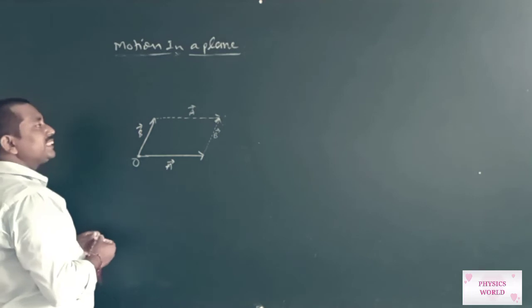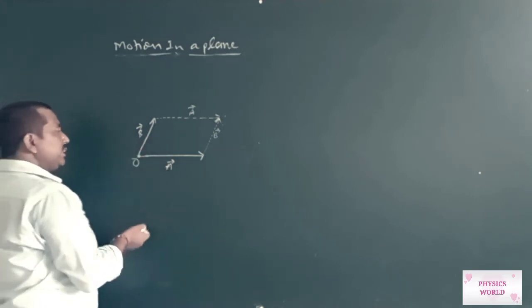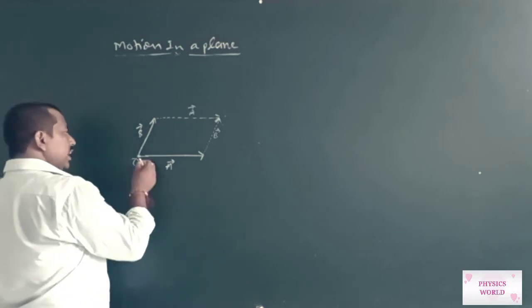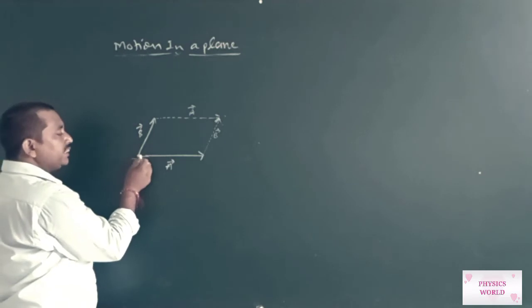So what will be the total resultant of the sum of these two vectors? This will be given by the diagonal of the parallelogram starting from the co-initial point.